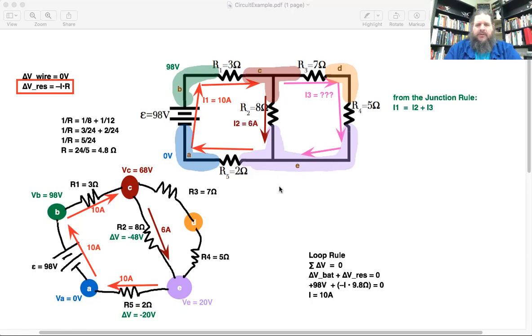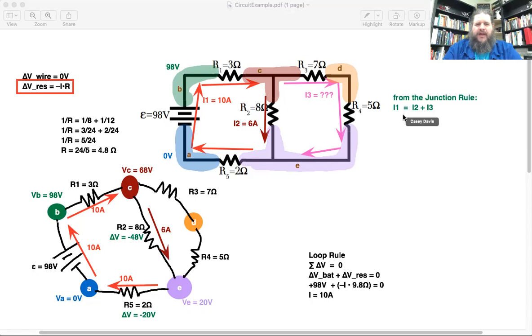And we could continue with voltages, dealing with R3 and R4 together, also using up 48 volts because they're in parallel. But what do we know about I1, I2, and I3 together? How are those related to each other? If we go back to the junction rule from the very beginning, we know I1 has to equal I2 plus I3.